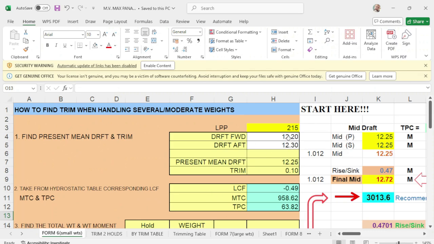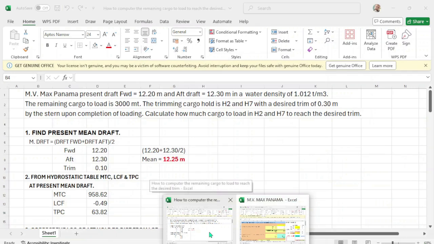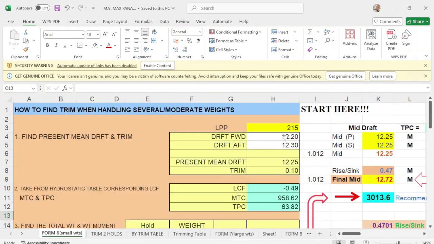So we have the initial draft. Forward is 12.20 and aft is 12.30. So you put here 12.20, then 12.30.